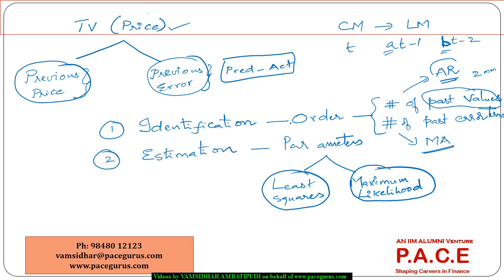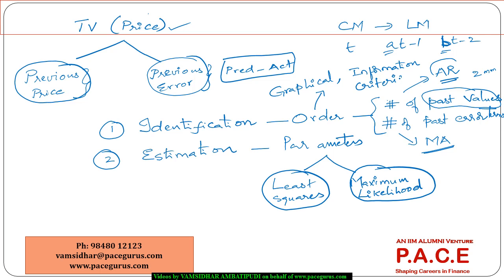So the first step is looking at the order, and for the order, I can use different mechanisms again. When I have to determine the order, I can use either a graphical method to find out the order of the model, or I can use information criteria. We'll see when we are actually implementing it in a practical way.